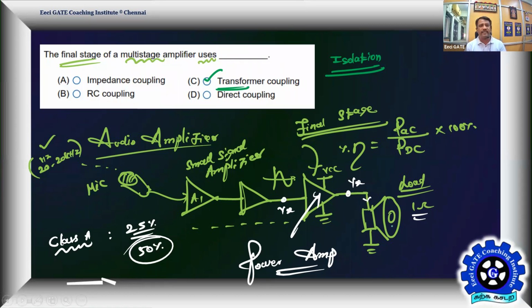As of now, I said a speaker application, where transformer coupling improves the efficiency, but in some other application it may be a human interface, with some connection to the human being, so we try to maintain complete isolation between the two worlds. Transformer coupling offers such insulation or isolation. Sometimes it is called an isolation transformer in that application. That's the point why I am choosing the final stage as transformer coupling.